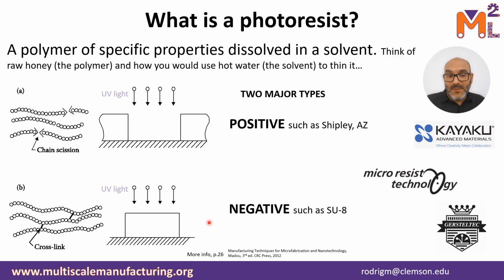So practically what that means is that for a negative photoresist like SU8, the areas that get exposed to the light are the areas that will remain on the substrate after the process, right? So for the following slides, we'll be focusing on a negative photoresist, right?